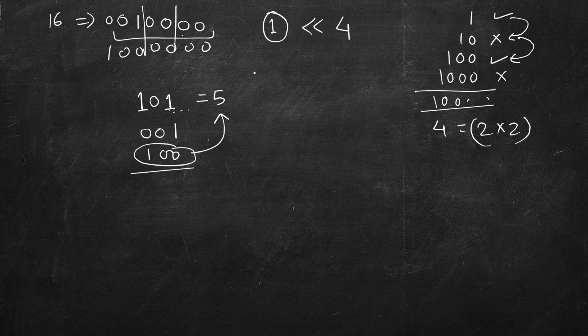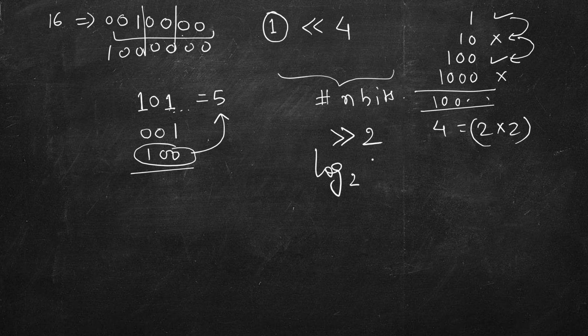So what will be the time complexity here? If we have 32 bits, or in general we have n bits, we are right shifting by 2 each time. So we can have log to the base 2 of n, where n is the number of bits and not the actual number.